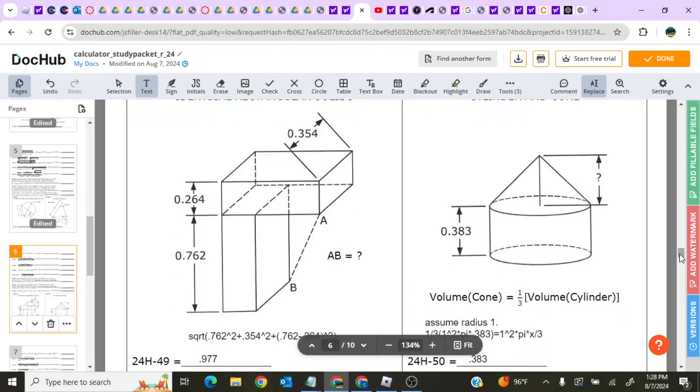49 is a bit of an interesting one. This is going to be a three-dimensional line. So we figure out the change of height.